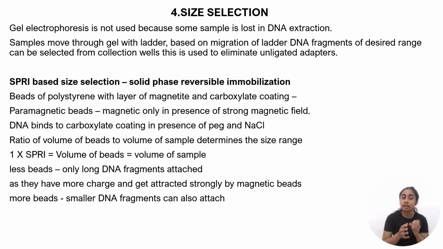And here the ratio of the number of beads to the volume of the sample determines the size range, which means if you use fewer beads, only long DNA fragments get attached because they have more charge and get attracted strongly by the magnetic field.